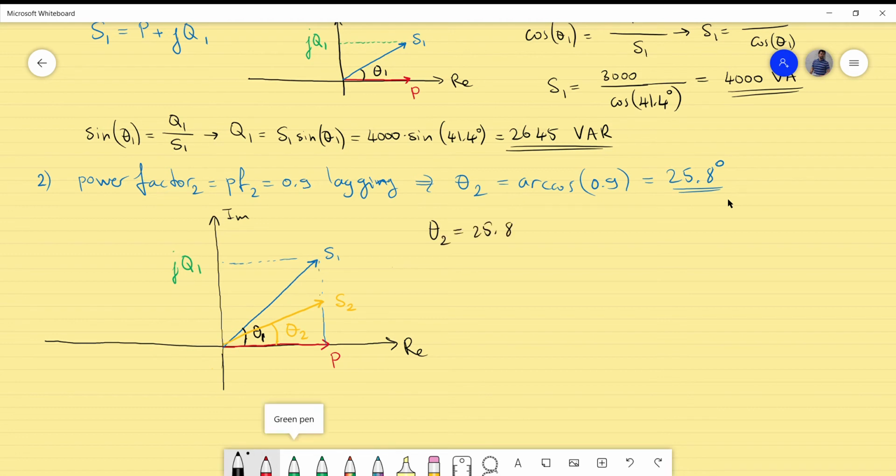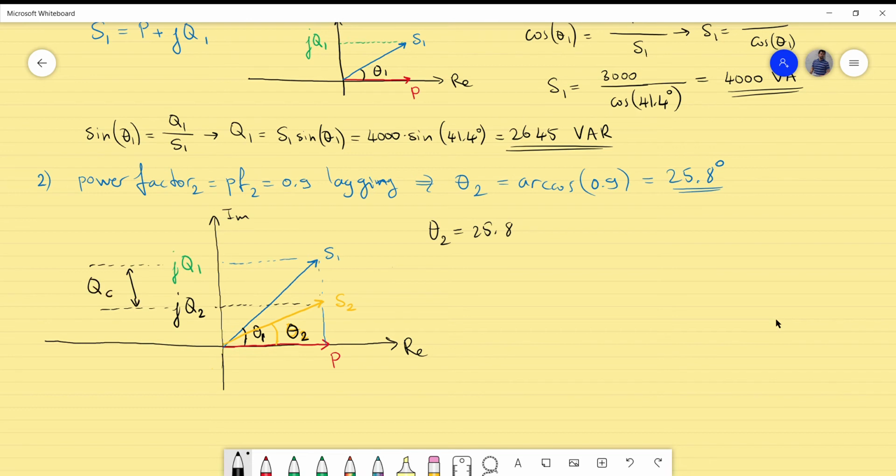Okay, and I would like to go to a new value for the reactive power, which is the Q2 here. So if I use again the trigonometry, because this is the phase I'm looking for, and this is the apparent power I'm looking for, and I need again 3000 watts, I can use the trigonometry here to calculate the required value for the capacitor. So what you can do first is determine the required decrease in the reactive power. The decrease in the reactive power must be made by the capacitor.